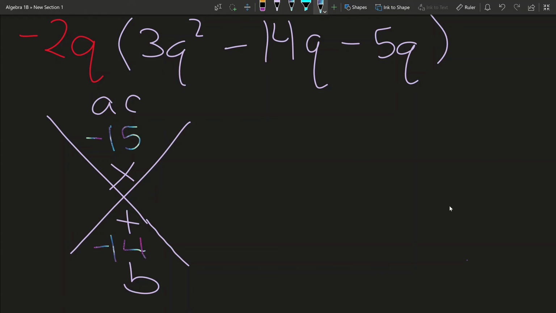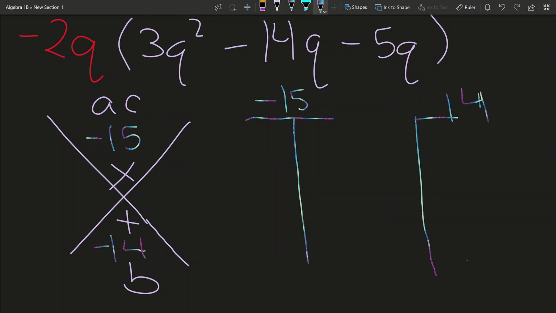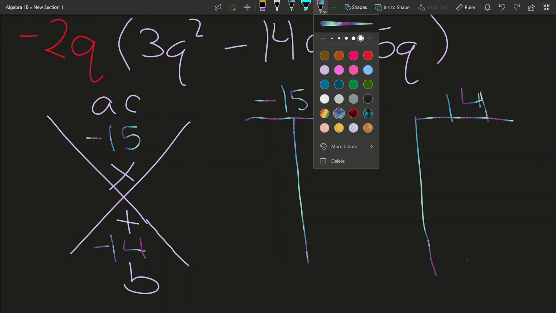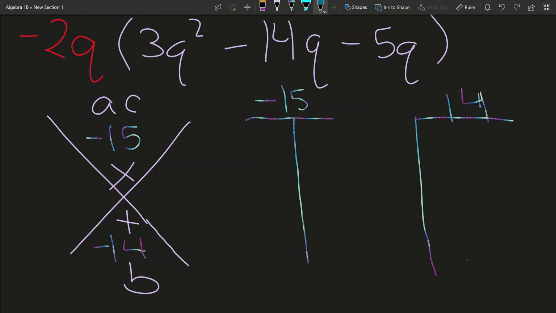Now, I want you to figure out what two numbers multiply to negative 15 but add to negative 14. Okay, so now let's work on it. 1 and 15. What are those all there? There's 3 and 5, and that's all we can do.